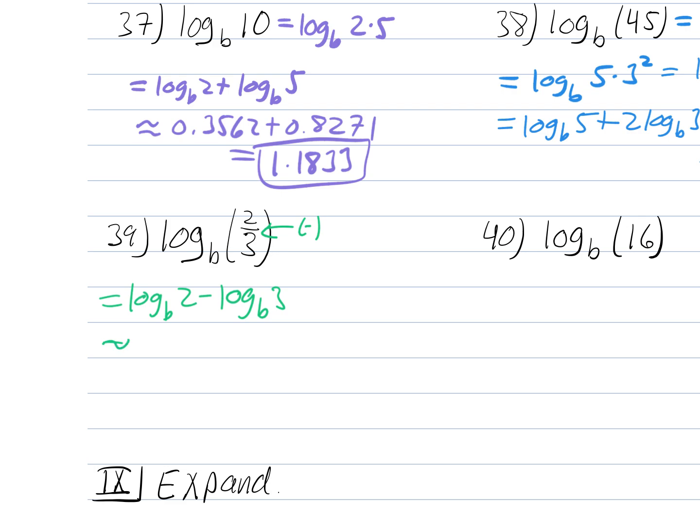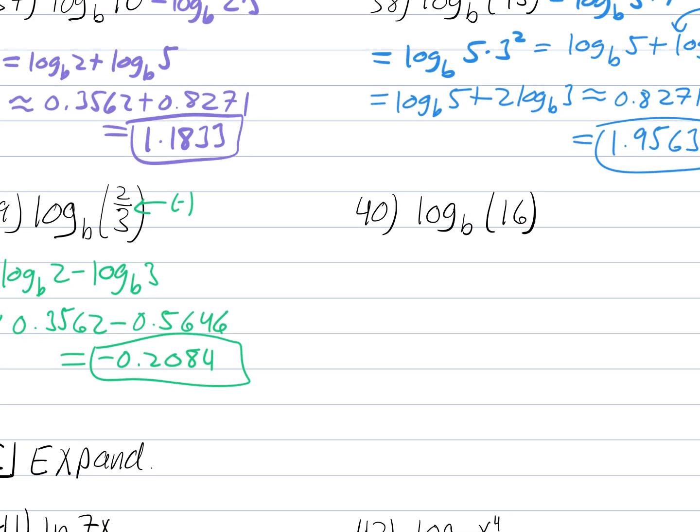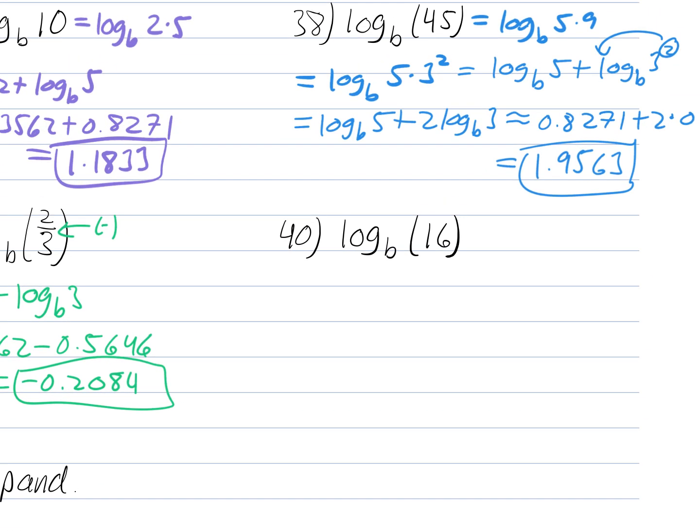And I have those values, so I'm going to use my approximate values of 0.3562 minus 0.5646. And then this is going to get us negative 0.2084.